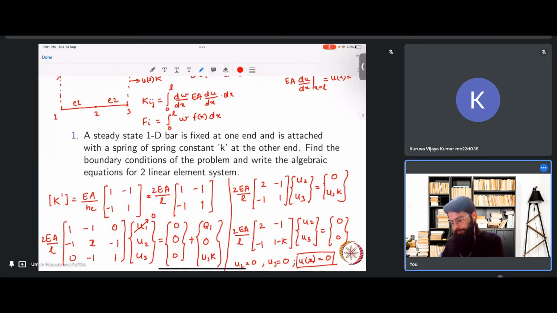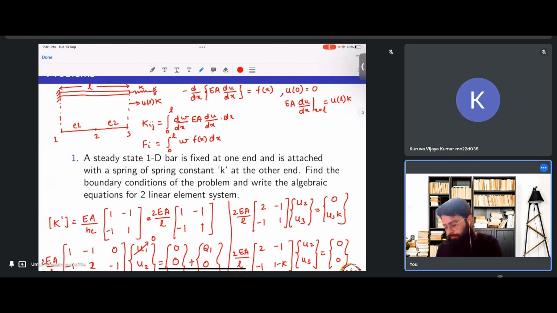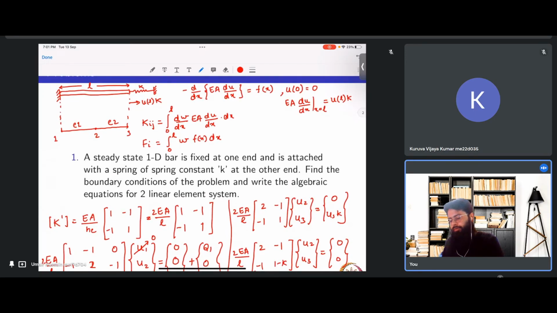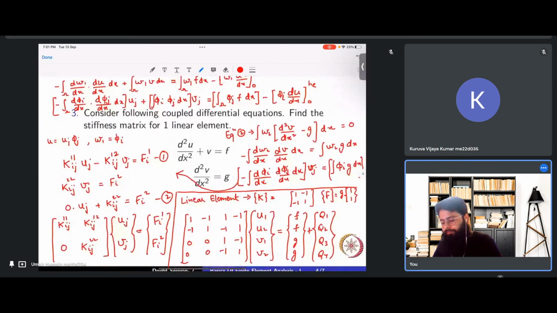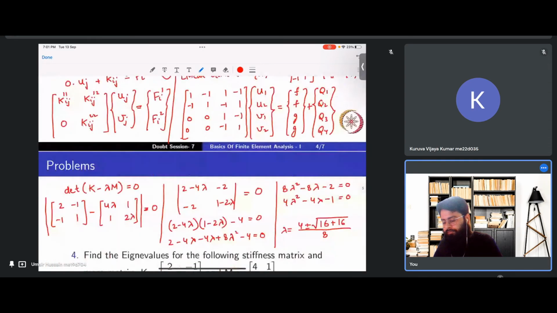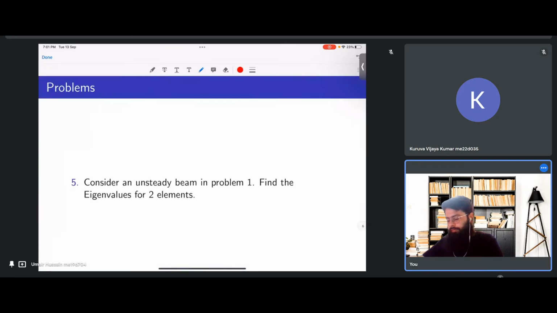Okay, we have K here. So I'll not go into much detail, the governing equation and everything.